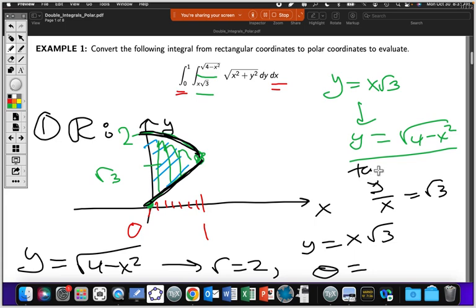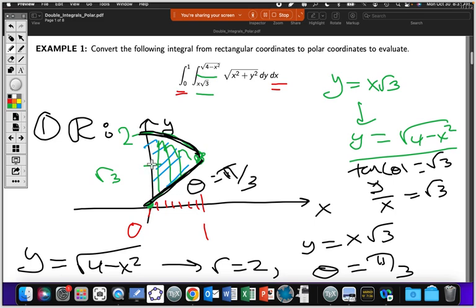So that would be your tangent. So what angle has a tangent of root 3? So that's your pi over 3. So that's your theta equals pi over 3.